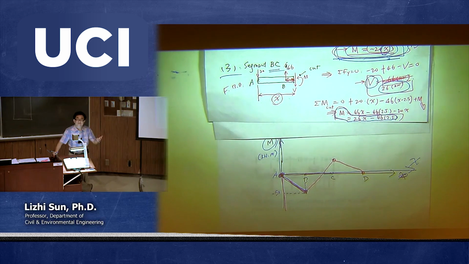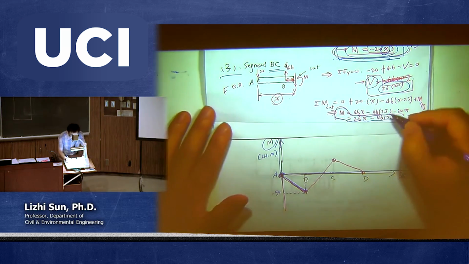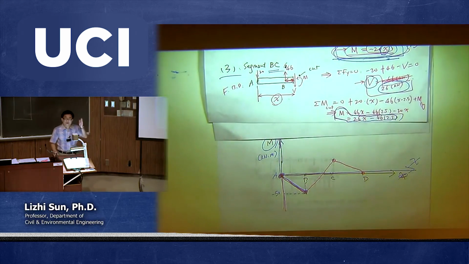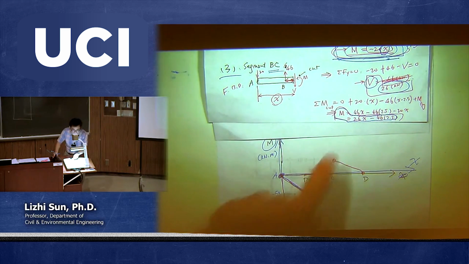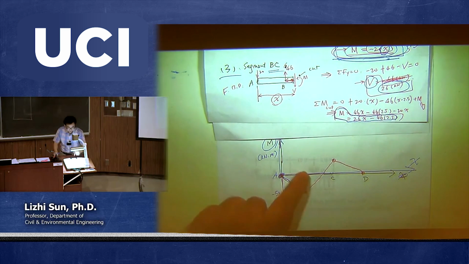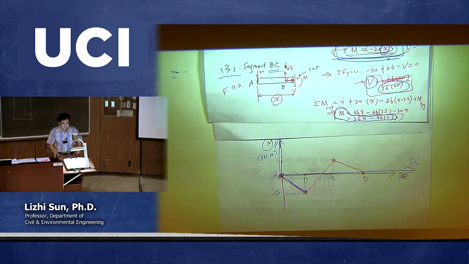It's a linear function. If it's a linear function, we just need to find 2 points in order to plot that linear function. Okay, so this x has a domain from 2.5 to 5.5 because x equal to 2.5 corresponding to point B, x equal to 5.5 corresponding to point C. Okay, so what I'm going to do is to have first x equal to 2.5.